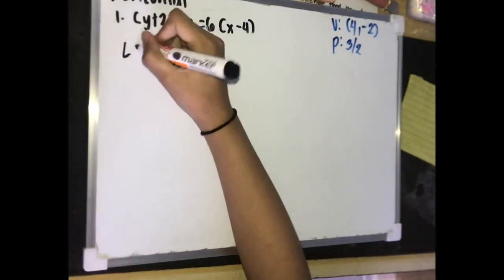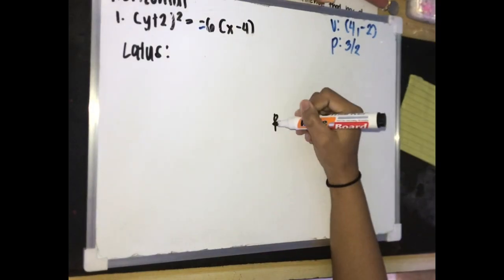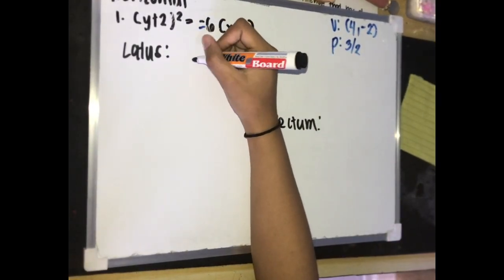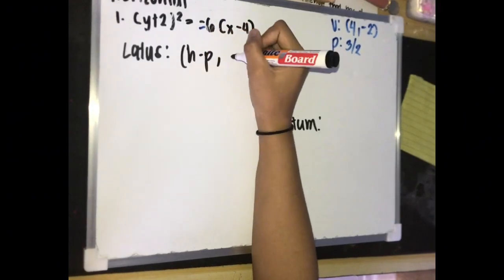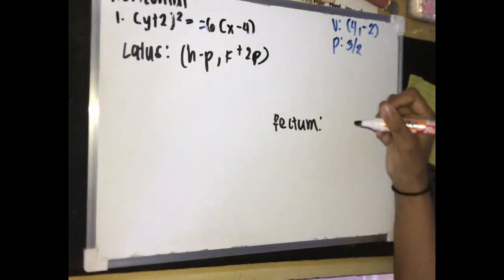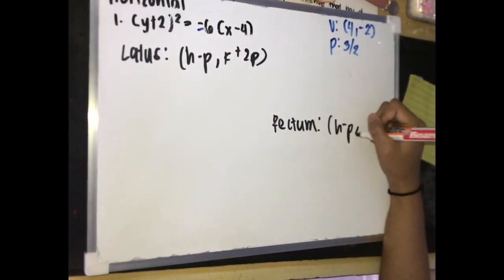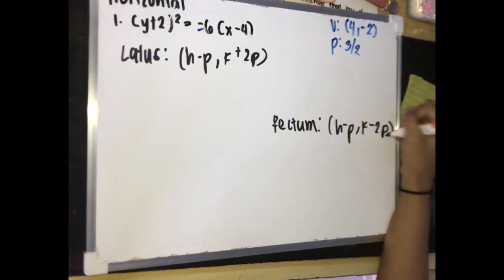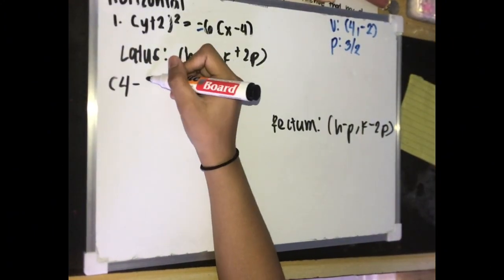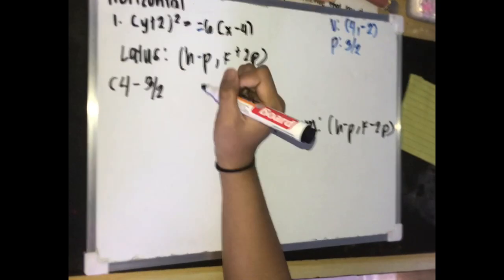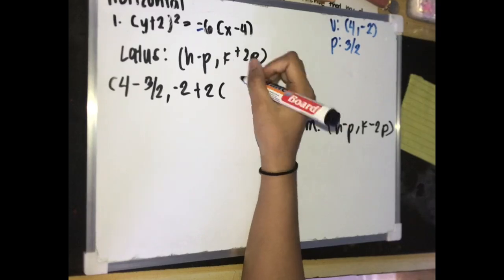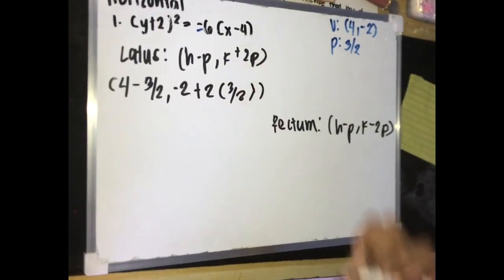Let's find the latus and the rectum. So, the formula for the latus is h minus p, k plus 2p, and for this one is h minus p and k minus 2p. So, let's solve. So, our h is 4 minus 3/2, and our k is negative 2 plus 2 times our p, which is 3/2. So, ganyan.